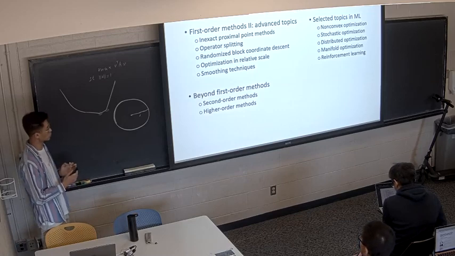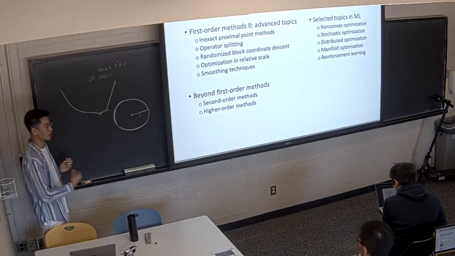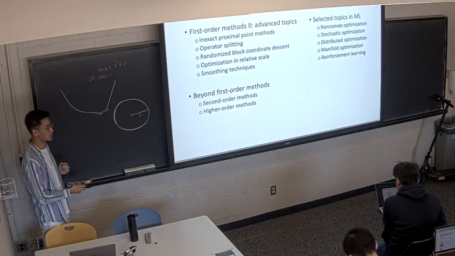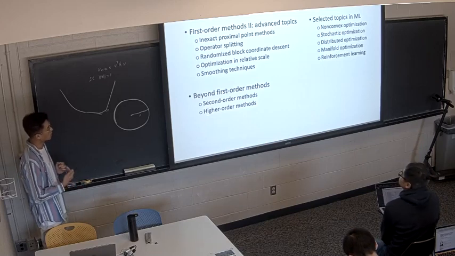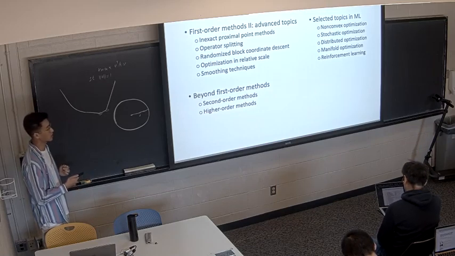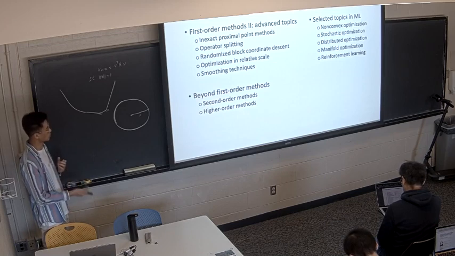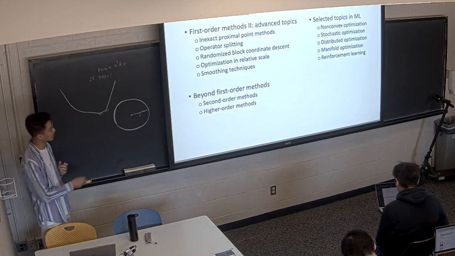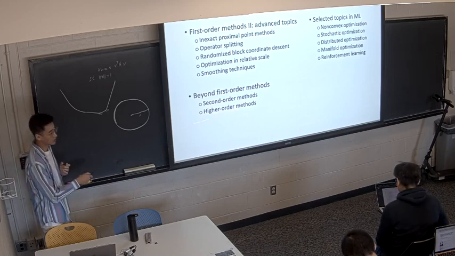Basically, you want to do Taylor expansion into higher order polynomials. So if you want to do third order polynomial or fourth order polynomial, they will be viewed as higher order methods. Anything beyond second order is higher order.